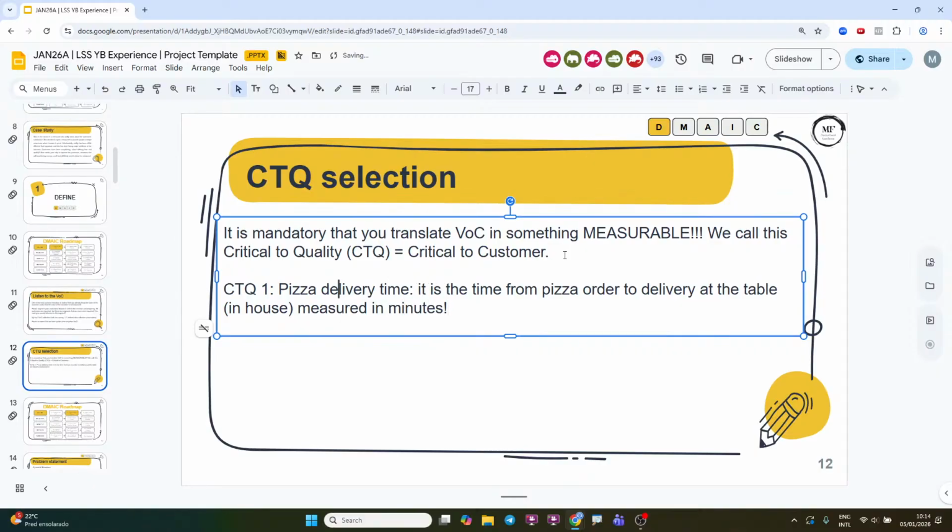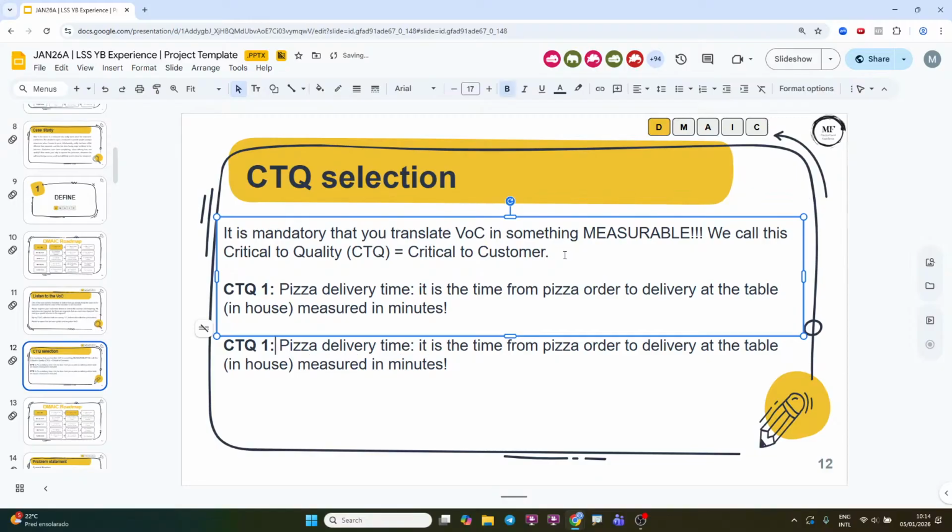So this is CTQ1. And I do have another CTQ, that is pizza quality. So how do I measure pizza quality? Oh, this pizza is good, this pizza is not good, by the facial reaction of the customer? How do I measure that?